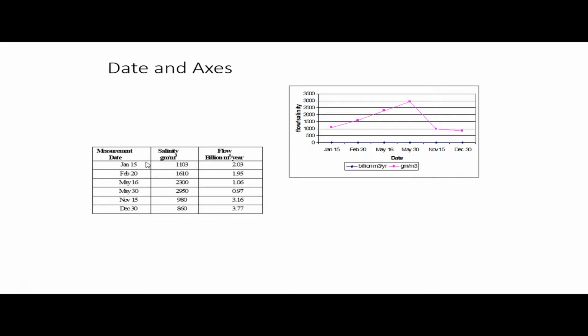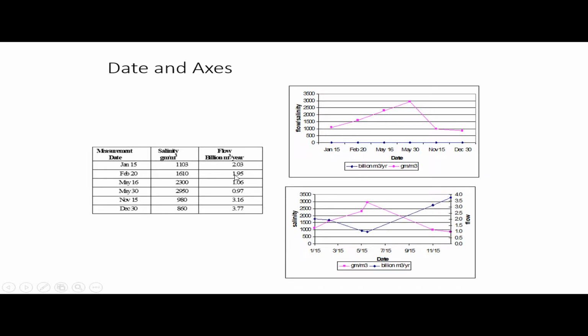If the difference between the dates are not the same, you cannot use a line graph. You have to use an XY scatter, or tell the computer that these are dates by entering the data using the date arithmetic format, and this way you get this graph here.